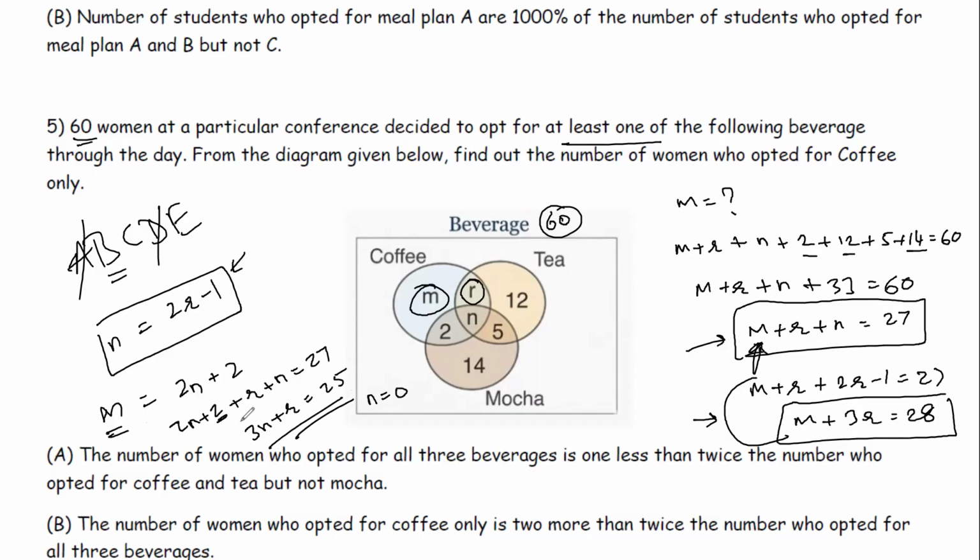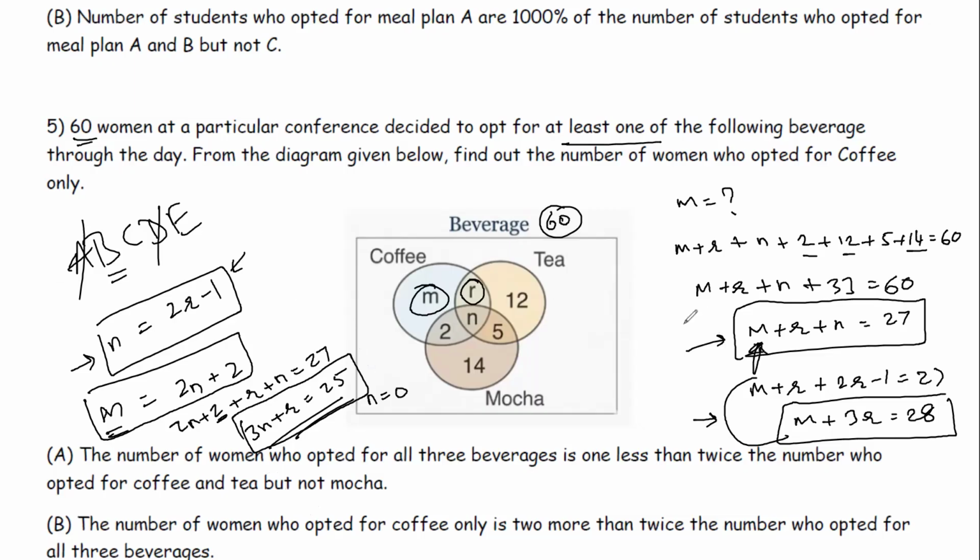So if we take both together, remember, this is your first statement, this is your second statement. We take both together along with this one, so we have three equations. Let me call them 1, 2, and 3.